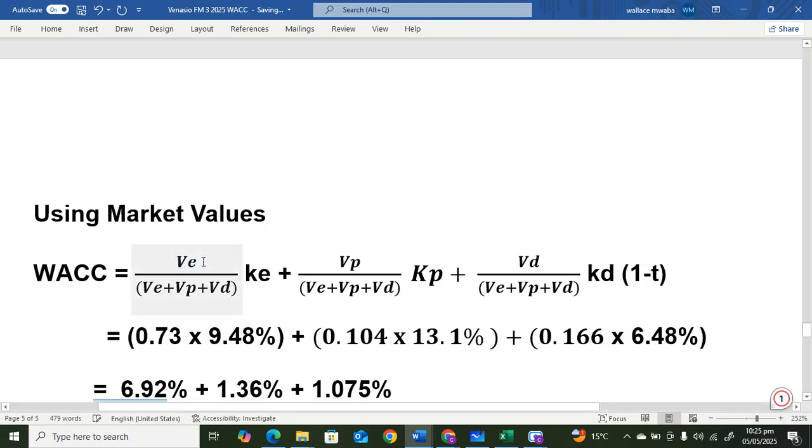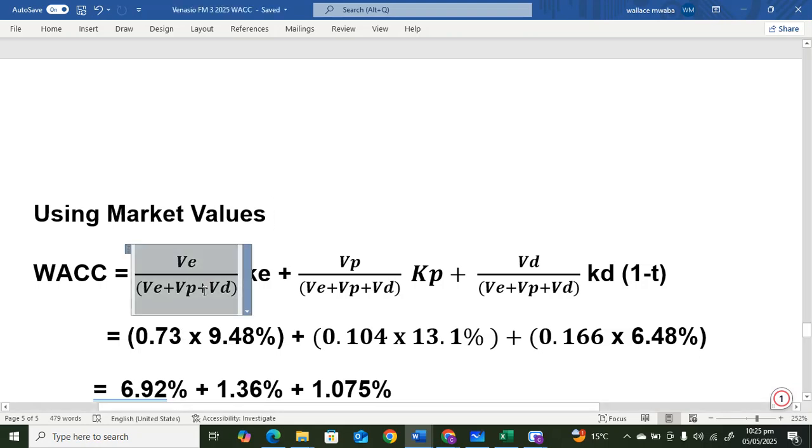VE is just for the value of ordinary shares. VP, value of preference shares. VD, value of debentures. Same thing. If you are comfortable with the other ones, you can just use O, which is ordinary shares, P, preference shares, D, debentures.